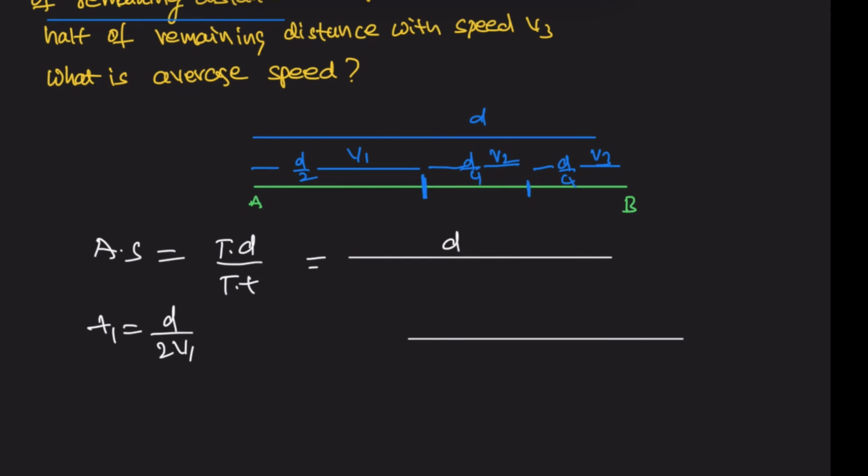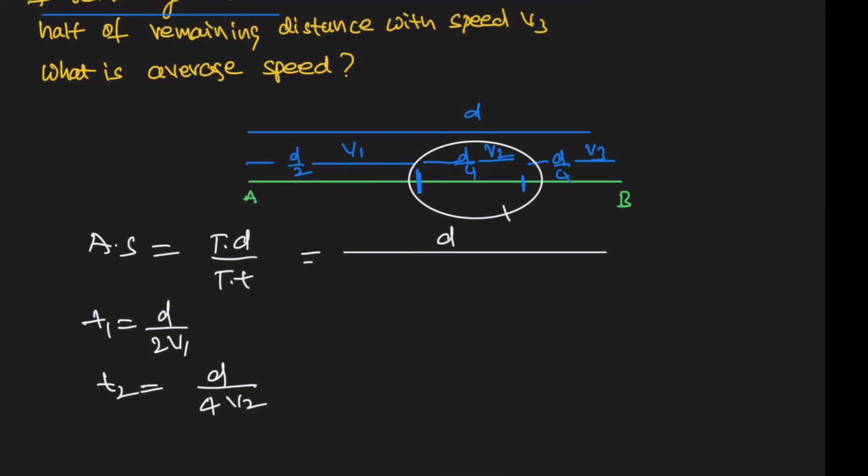So what is the next situation? Distance is D by 4, covered with speed V2. Now time t2 is D by 4 V2. What is the third situation? The third situation is D by 4 distance covered with speed V3.